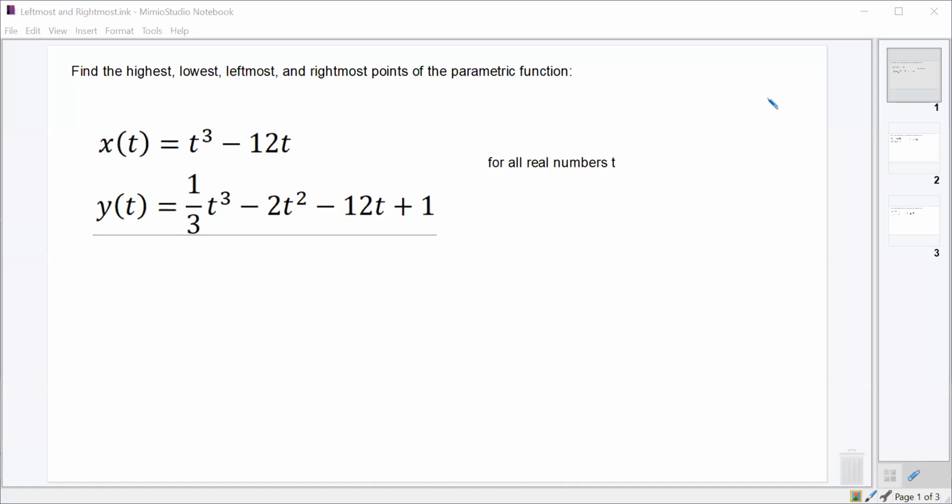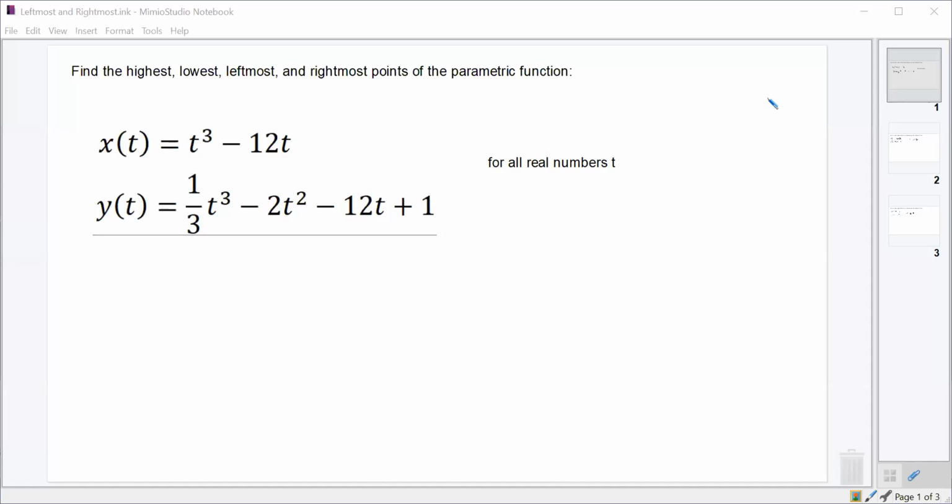Yes, cool. So we want to find the highest, the lowest, the leftmost, and the rightmost points for parametric functions. And it should be pretty easy, really, because a highest or a lowest point should only occur if the rate of change for y is equal to 0 or if it's undefined.